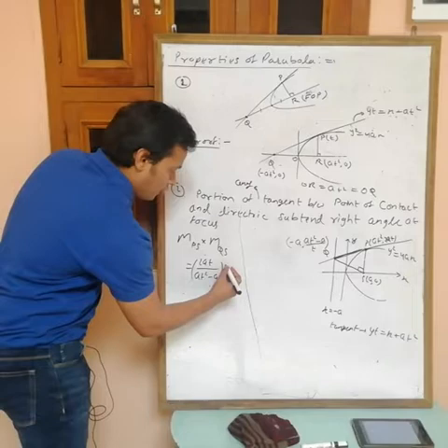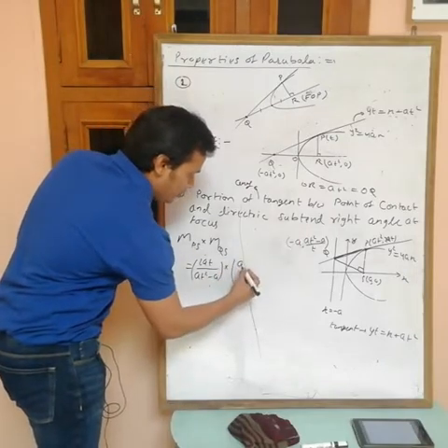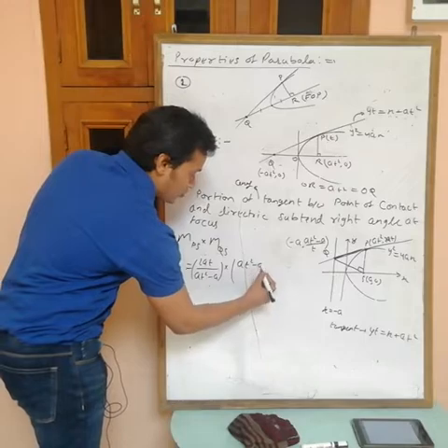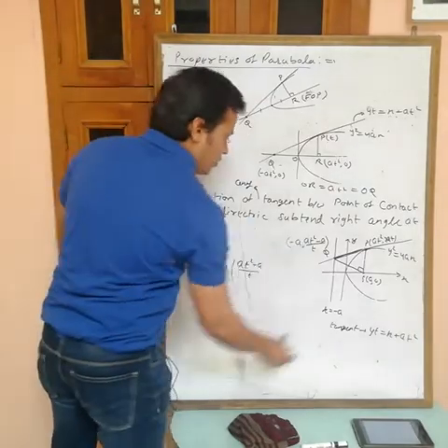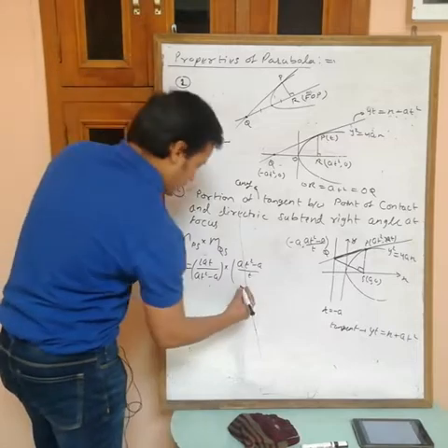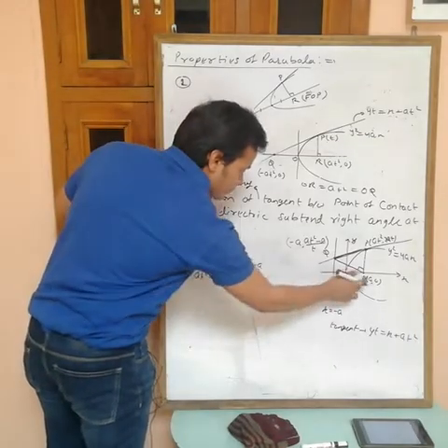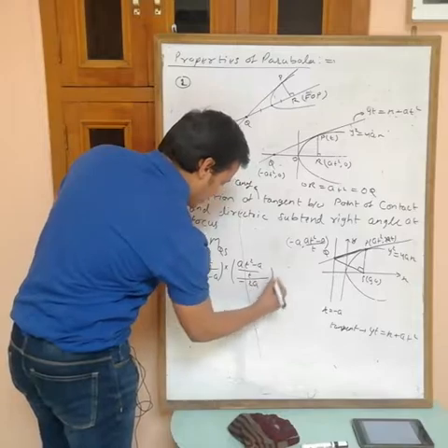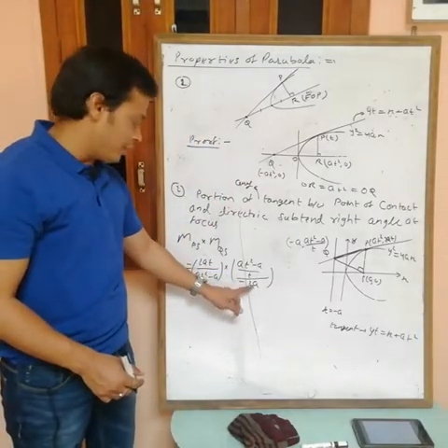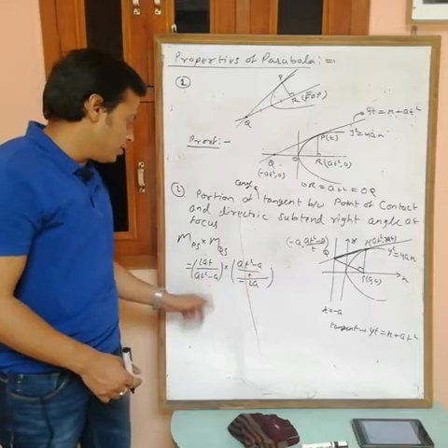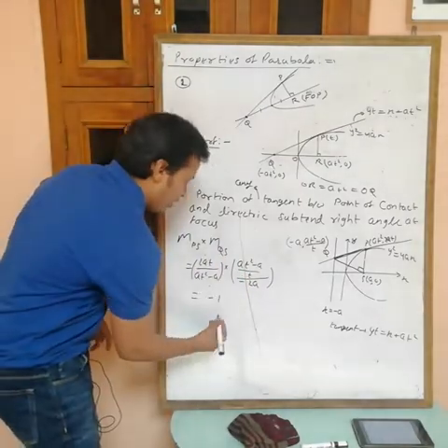This is the slope of PS, and slope of QS is y2 minus y1, at square minus a by t, y2 minus y1 by x2 minus x1. Okay, x2 minus x1, this one minus this one, what we are getting, minus 2a. So if you write t in denominator, minus 2at, 2at cancel out, at square minus a, at square minus a cancel out, what you will get, -1.